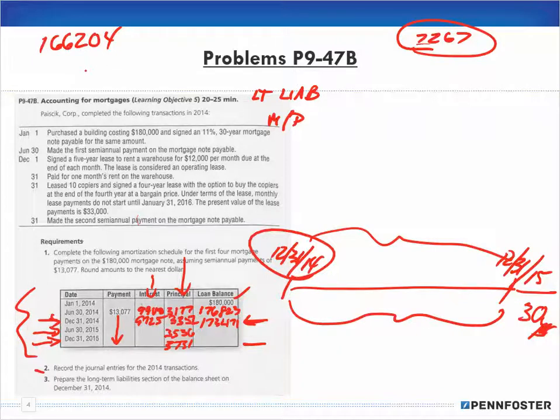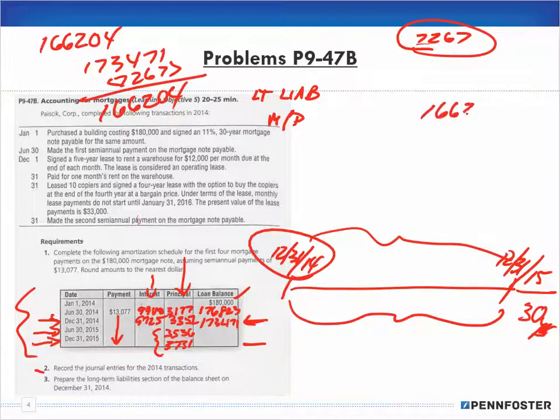If I take the 173,471 and we subtract out those two principal payments of 7,267, that gives us 166,204. So they're just saying, here's my long-term portion of the mortgage payable of 166,204. And while that's right, if you watched previous videos in the exercises or in the theory, you would have seen that I don't like doing it that way.